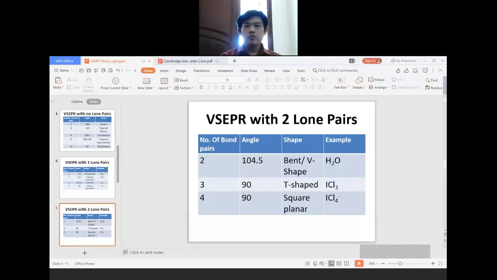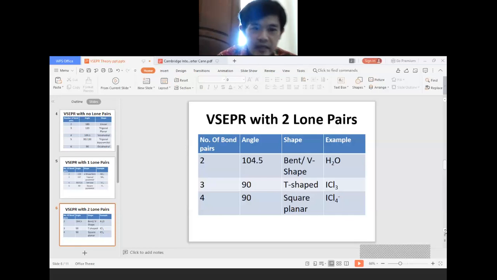Next, two lone pairs of the molecule. Two lone pairs with several numbers of bond pairs: there are two, there are three, there are also four. And then with two lone pairs, it is V-shaped or bent. The molecule is water. The angle is 104.5.